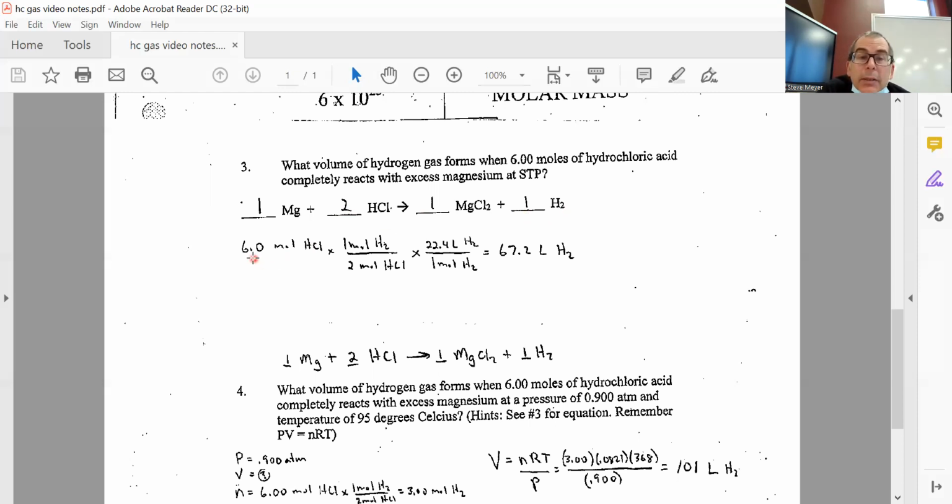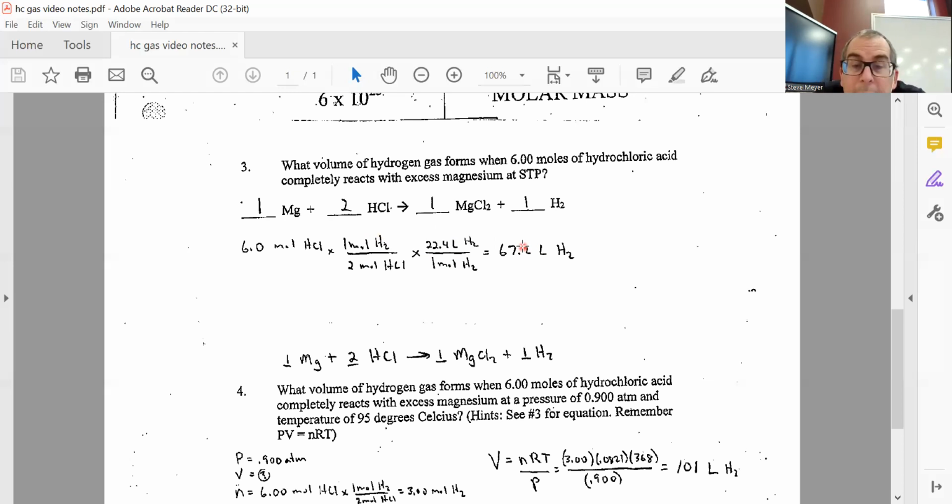So I have to take 6 times 1 over 2, or 6 divided by 2, to realize that my 6 moles of HCl is really going to be just 3 moles of H2. All right, once I have my 3 moles of H2, I know moles of H2 and I'm trying to find liters of H2, so I just have to multiply this by 22.4. So I take that 6 divided by 2, which is 3, multiplied by 22.4, and that gives me 67.2 liters.